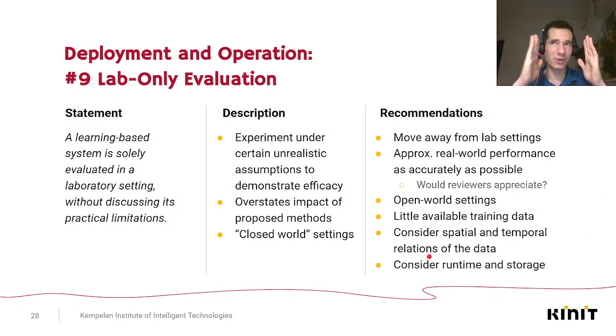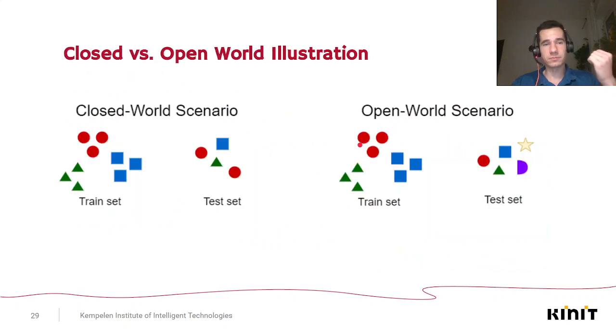So we shouldn't have data available from the future, of course. And we should consider runtime and storage, which means that we should specify in our paper how long the method takes and how many gigabytes of RAM we need, and so on, which is really important to discuss for the practical usage of the method.